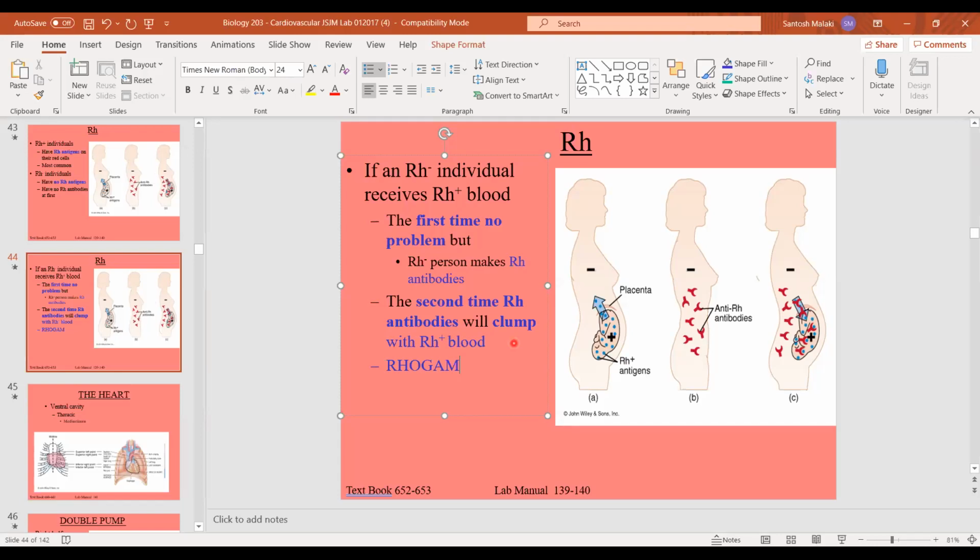Why? Because the recognition of foreign protein takes 5 to 7 days. So you want to destroy them before the rhesus antigen is ever recognized. This is why we inject RhoGAM at the time of labor of all negative women or immediately after birth. But what is the problem with RhoGAM or antibodies in general when injected? Antibodies injected are proteins.